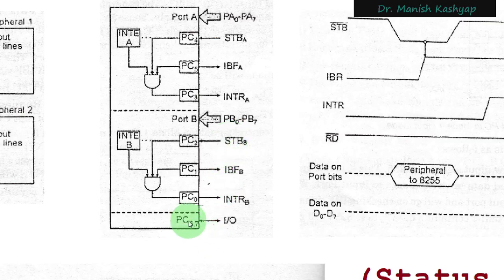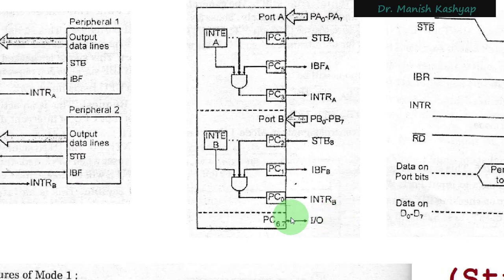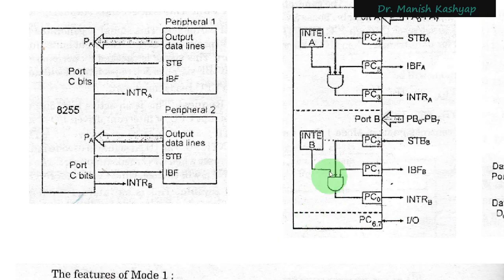And you can see that for port C, bits 6 and 7 are free, so they can be used in any input output mode, right? Now, let us also have a look at how this 8255 is connected to the external devices. So you can see port A, and this is port B. They have written port A here, but this is port B. Some input output device is connected here, and it has connected its 8-bit data to port A and port B, and this strobe signal is there.